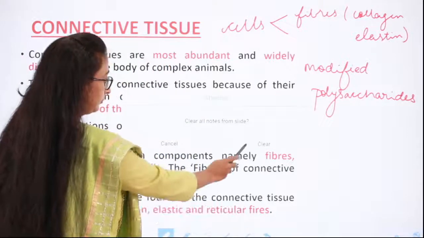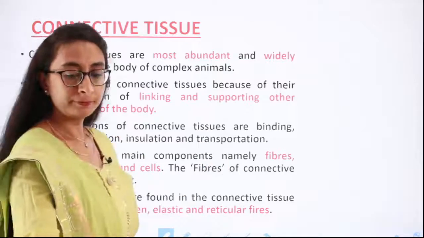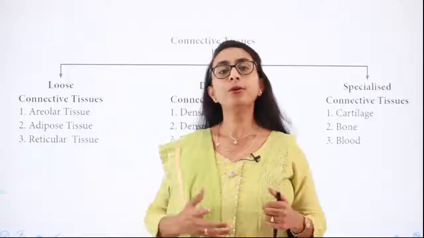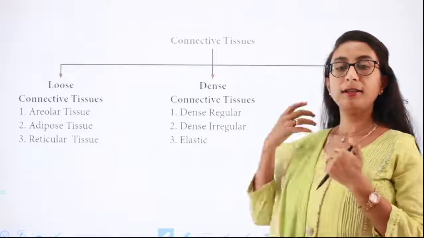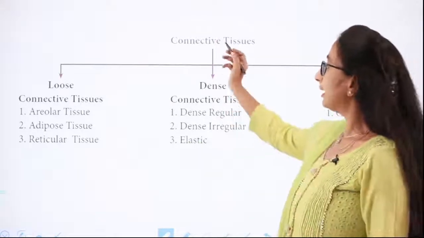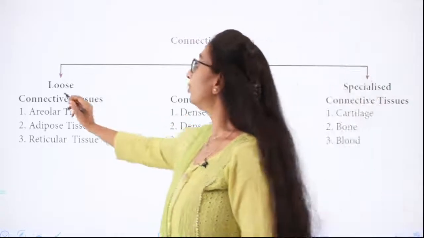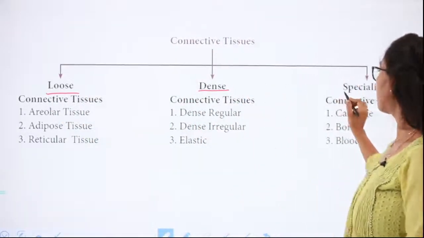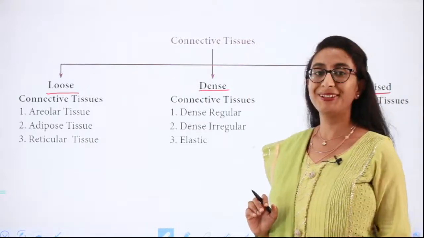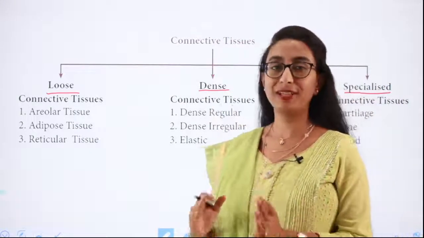So now we can look into the classification of the connective tissues. Connective tissues can be classified into loose connective tissue, dense connective tissue and specialized connective tissue. Okay, there are three kinds of connective tissue.